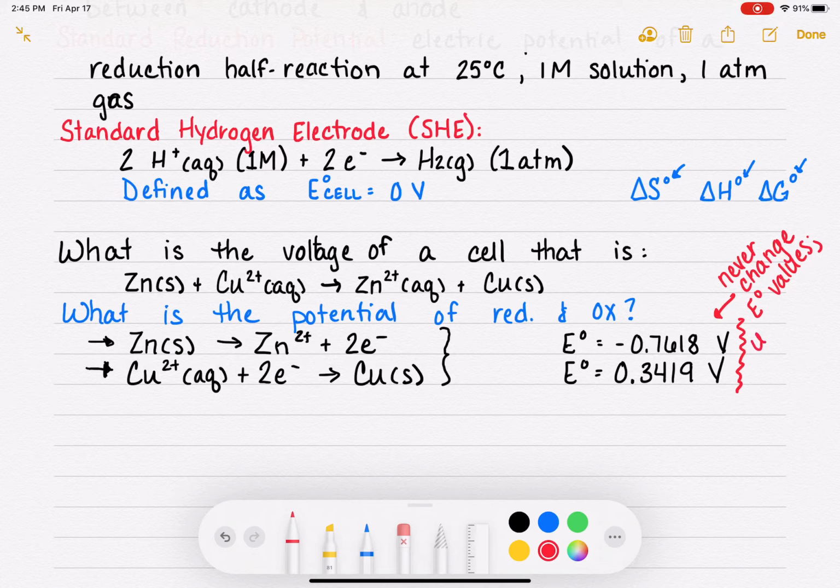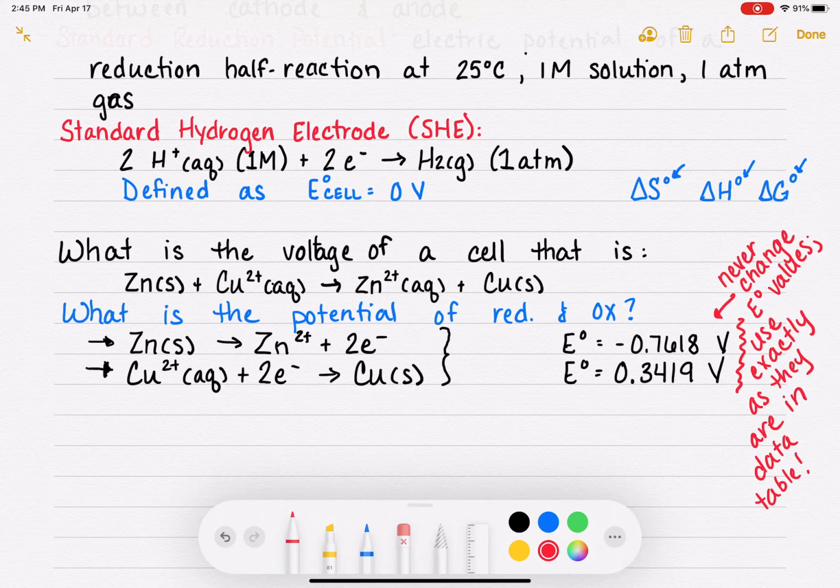You need to use them exactly as they are in the data table, not changing the signs or anything.